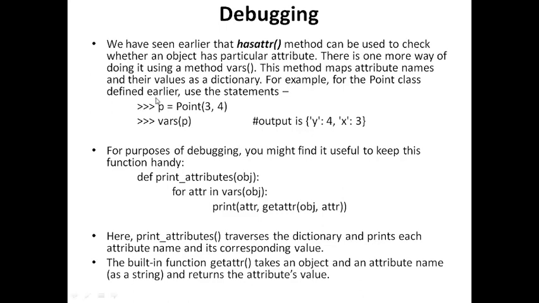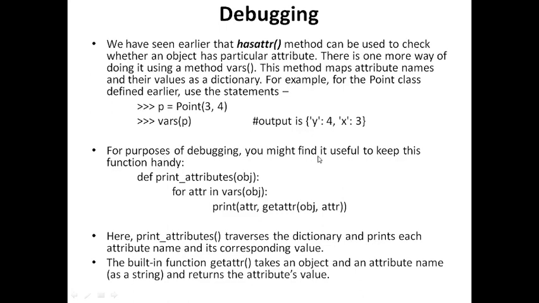So what it returns here, if p equals Point(3, 4), and you use the vars function on p, it will give the output of these values we have passed here, the available attributes of that particular object. Okay, instead of using hasattr, you can directly use vars, you have to pass that object as a parameter, and it will return all the attributes of that particular object.